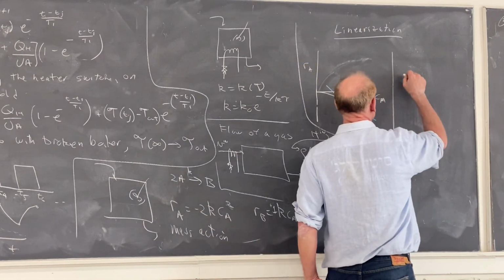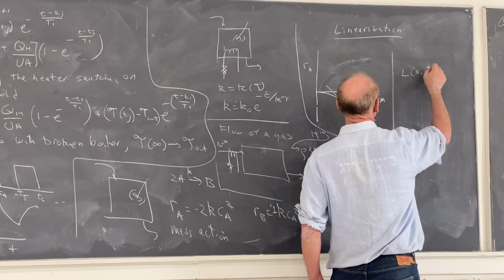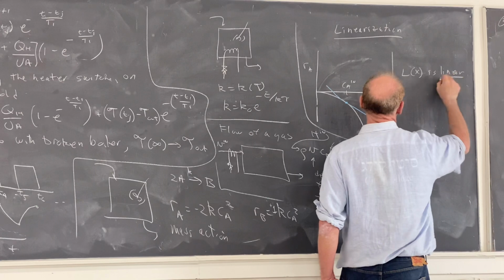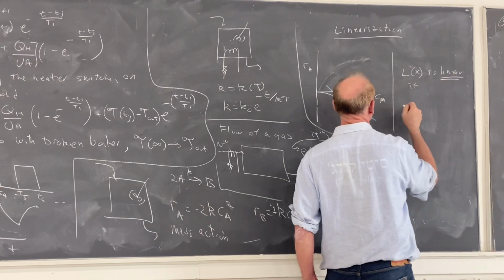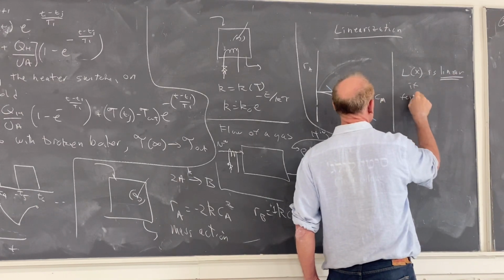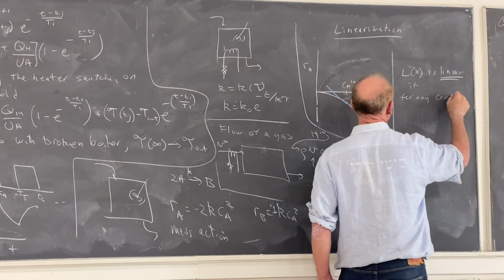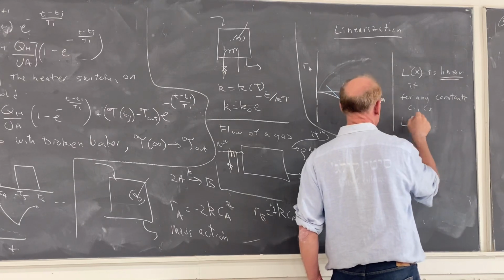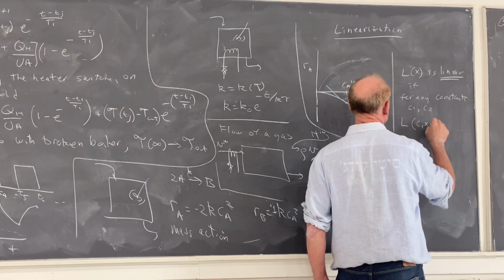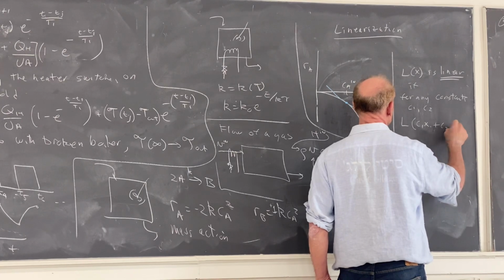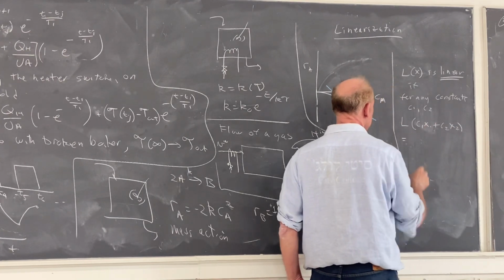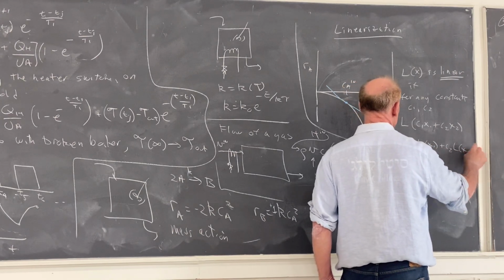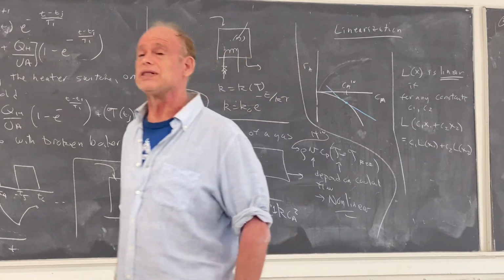So a linear function L of x is linear, by definition, if for any constants C1, C2, L of C1 x1 plus C2 x2 is equal to C1 L of x1 plus C2 L of x2. That's exactly the definition of what linear means.